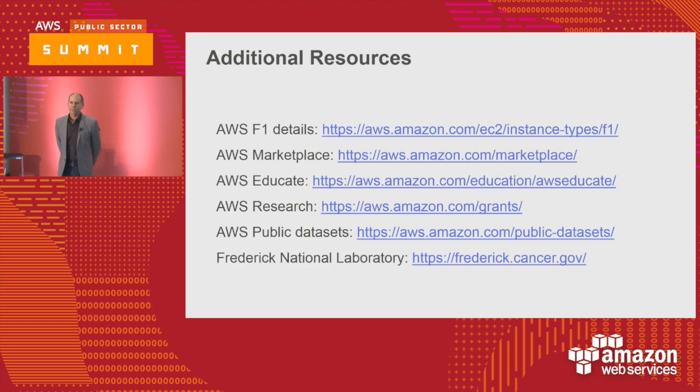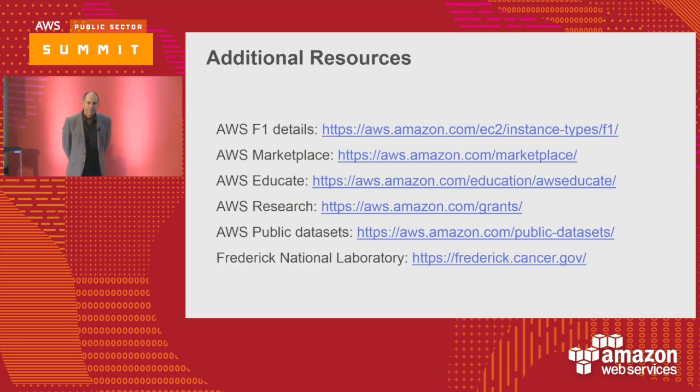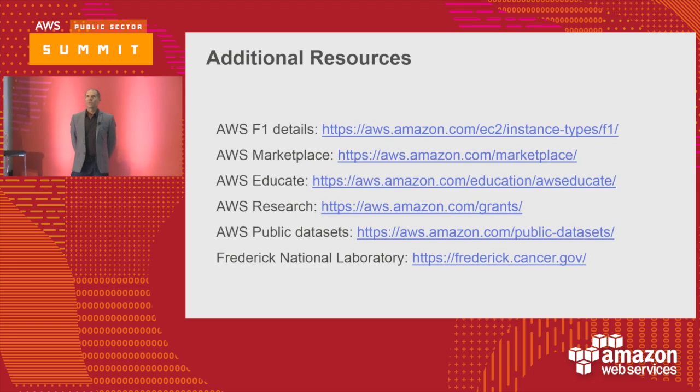Other questions about FPGAs in general, specifically around F1? We're quite transparent about exactly what that chip is. That is a Xilinx UltraScale Plus VU9P. You can certainly acquire development boards and systems from Xilinx and other partners that use that device.